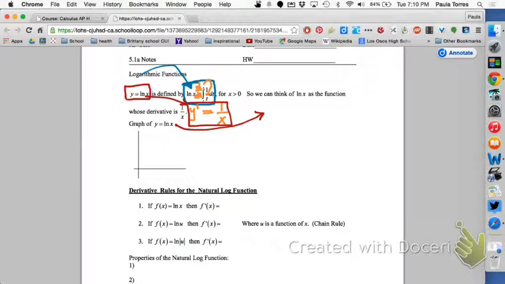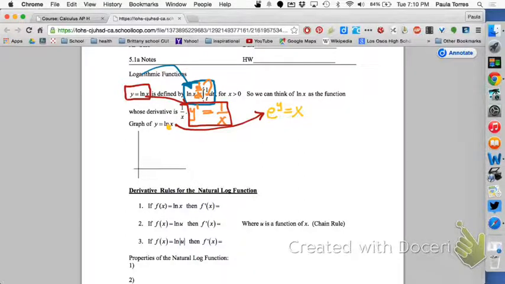Remember, it's a teeny tiny base e on that natural log. So there's a little tiny e down there. And I'm going to put it back into exponential form. So it's going to look like e to the y equals x.